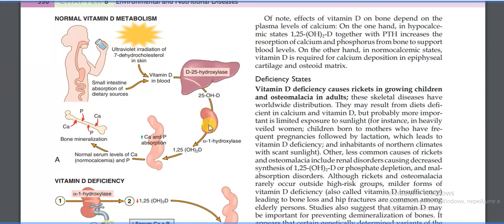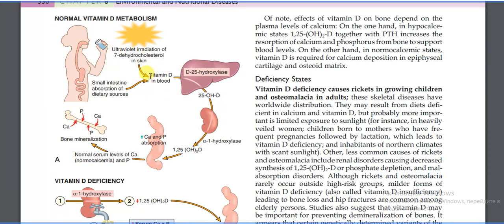But actually now we have a lot of supplements which we can give to a baby to facilitate the normal amount of vitamin D, but we have to control it, of course. So here's the metabolism.